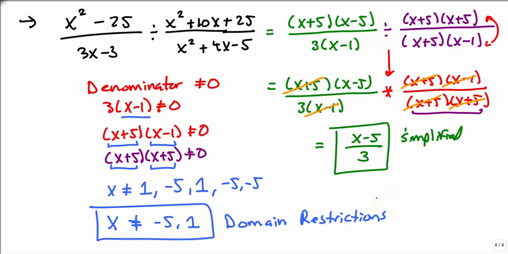So again, for division, I have two spots I need to find domain restrictions. I have to factor first, and this is before I flip or before I reciprocate, and then after I reciprocate I need to find them. Now when we're asked to add and subtract rational expressions, remember you need to have that common denominator.